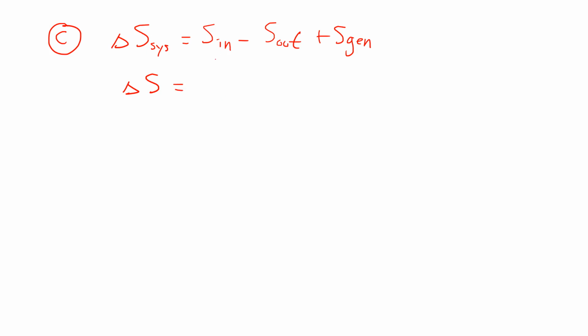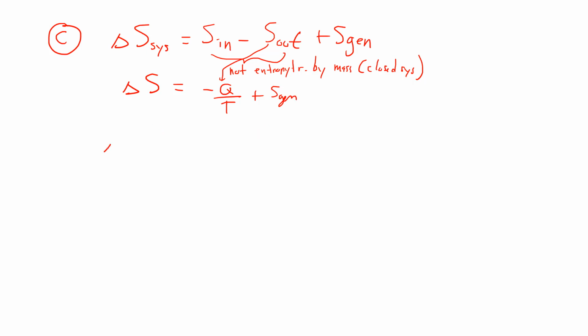There's no mass entering or leaving the system because it's a closed system, so no entropy transfer by mass. But there is entropy transfer out by heat because there's heat leaving the system. So this would be S out, and then we have entropy generation.